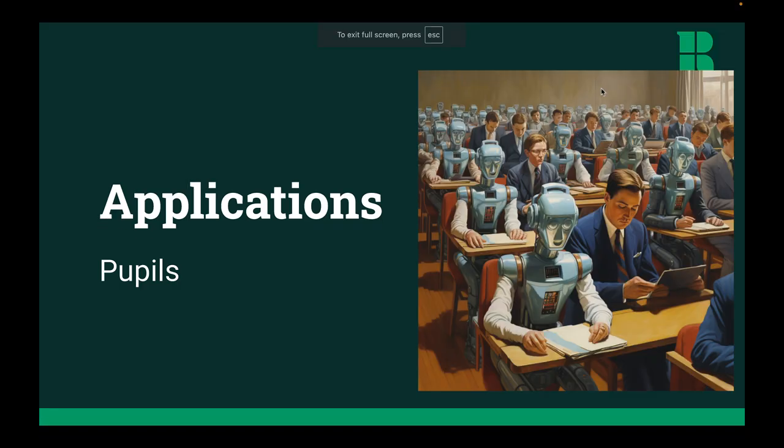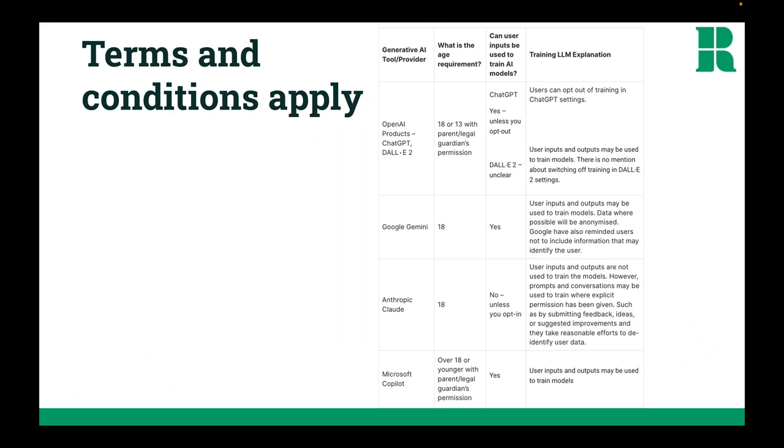Okay, so I'm really interested in how your pupils are using these technologies. I've got, again, stories to tell about what sort of thing could happen. I need to make you aware that the terms and conditions apply. Most of these tools have an 18+ age limit on them, and their API has an 18+ age limit on them.